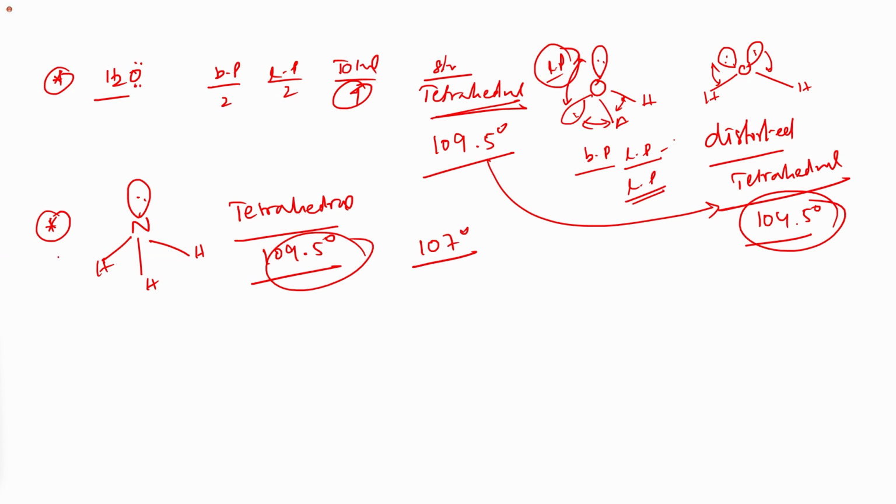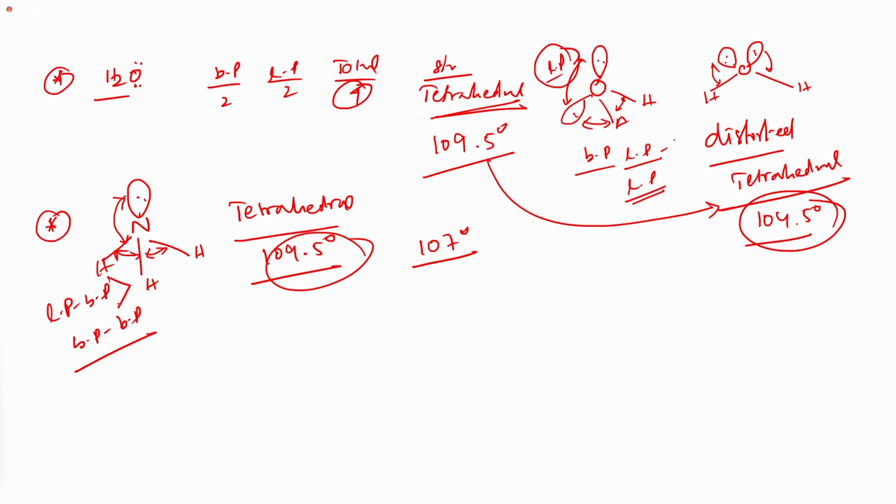Because there is bonded electron pair repulsion, but there is also a lone pair, so two repulsions are present: lone pair-bonded electron pair and bonded-bonded electron pair.